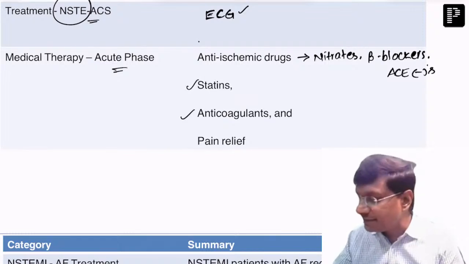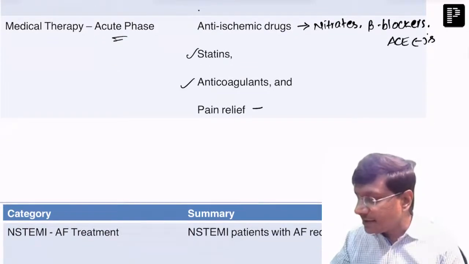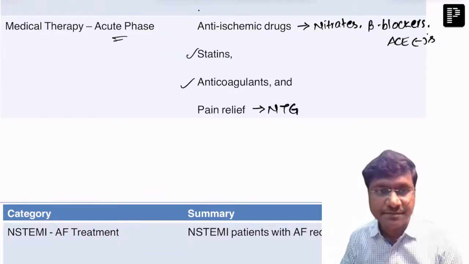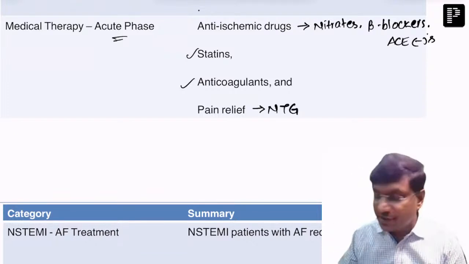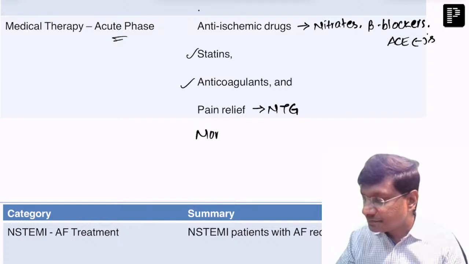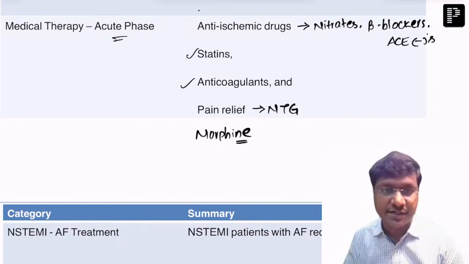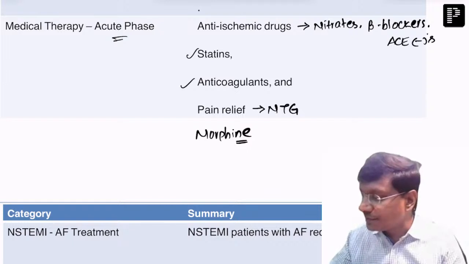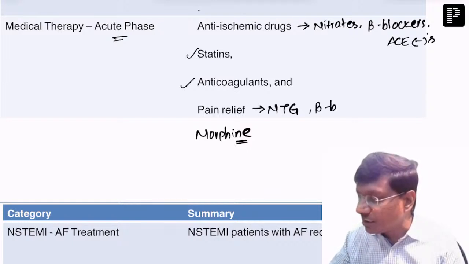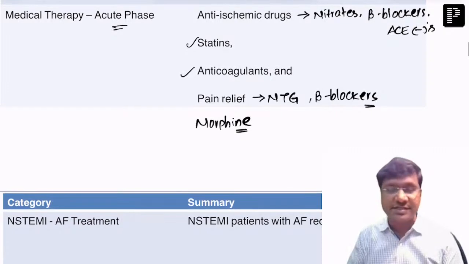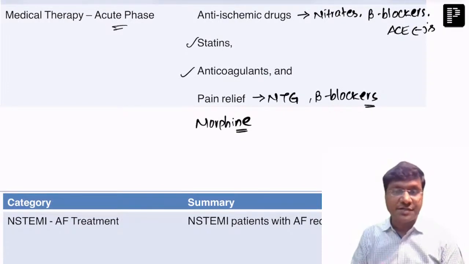And for the pain relief, what are the drugs that we give? Nitroglycerin should be given. And next important is morphine if necessary. And the other important group of drugs for pain relief is beta blockers, because beta blockers reduce the myocardial oxygen demand.